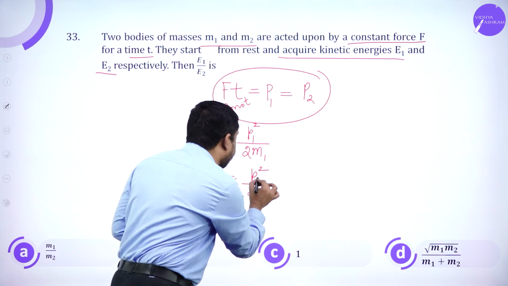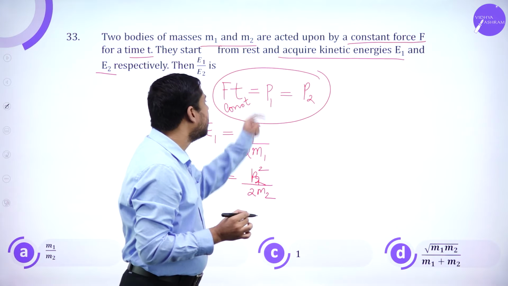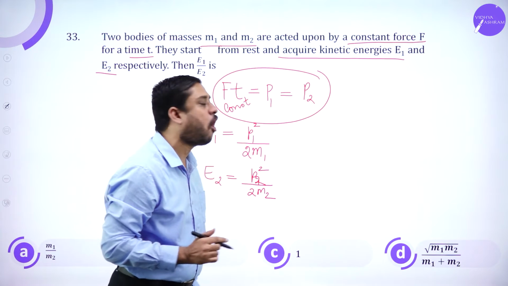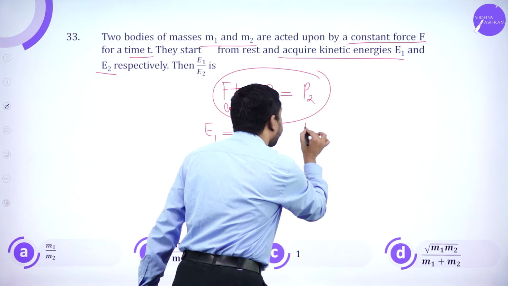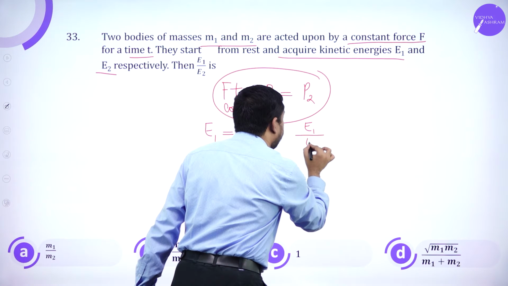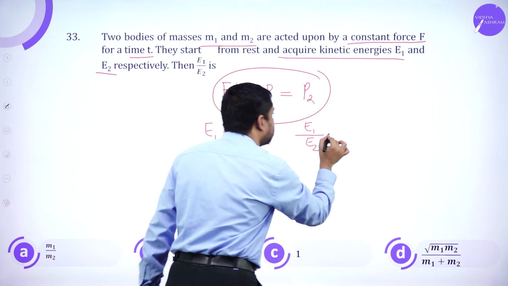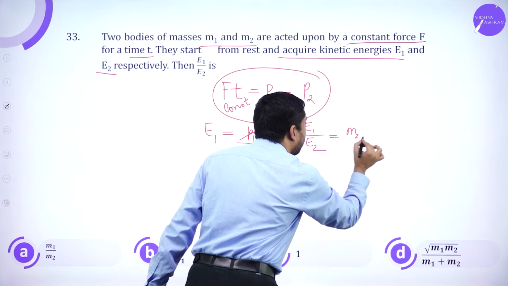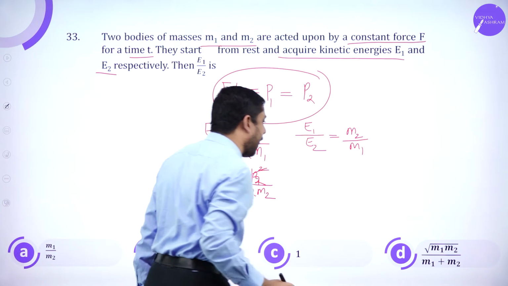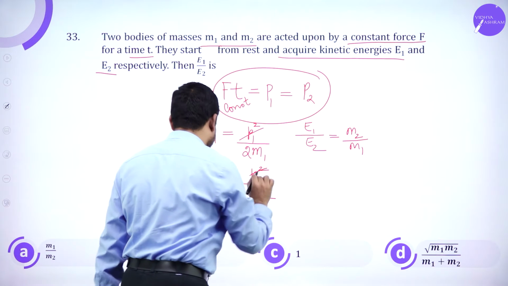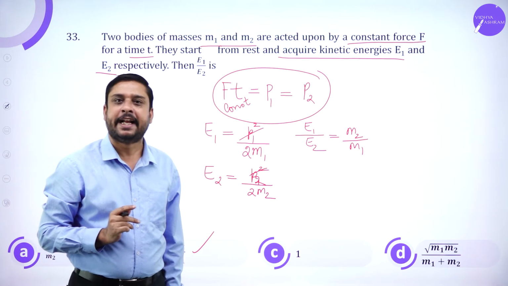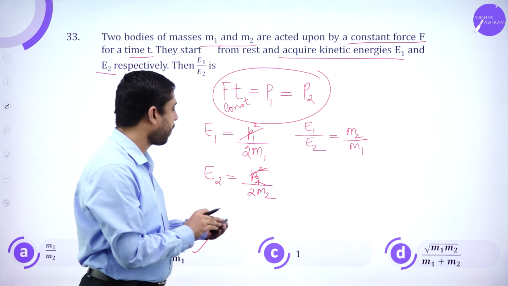This P will be the same because they are acted upon by constant force. So E1 by E2, when you simplify, becomes the reciprocal, which is m2 by m1. So the answer is m2 divided by m1.